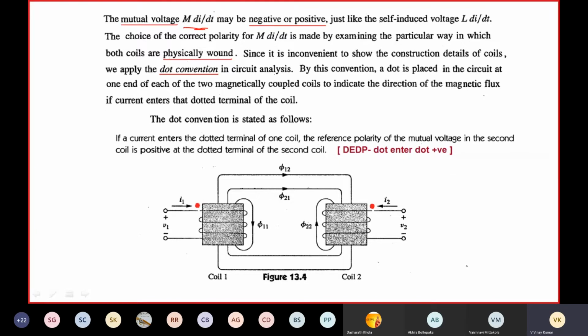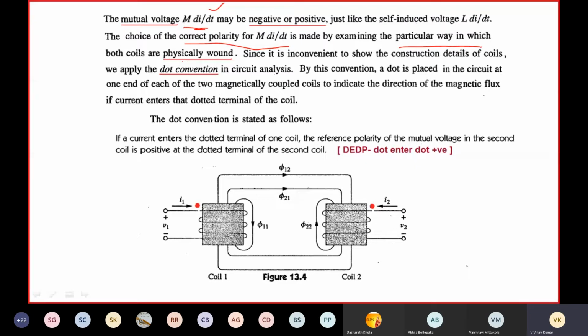Depending on the winding, this mutual EMF would be positive or negative, just like self-induced EMF. So here the choice of correct polarity of the mutual EMF M di by dt is made by examining the particular way in which both coils are physically wound.